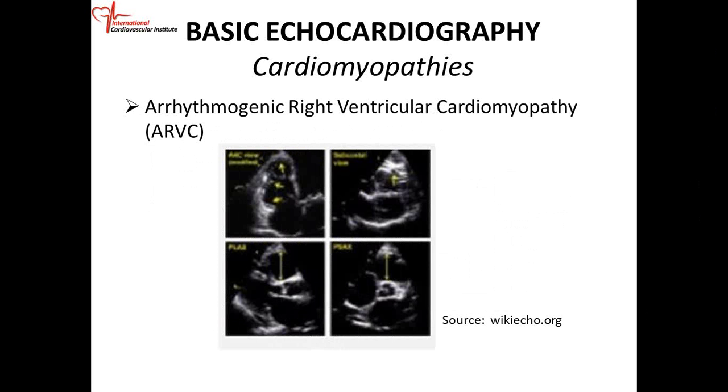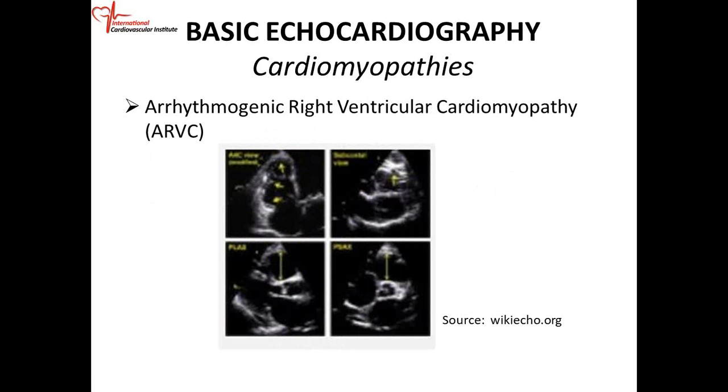So again, the pathology is when you look in the right ventricle, you'll get fibrofatty infiltration. So on your echo, where the RV muscle is supposed to be, you're going to see these white infiltrates, which is fat.